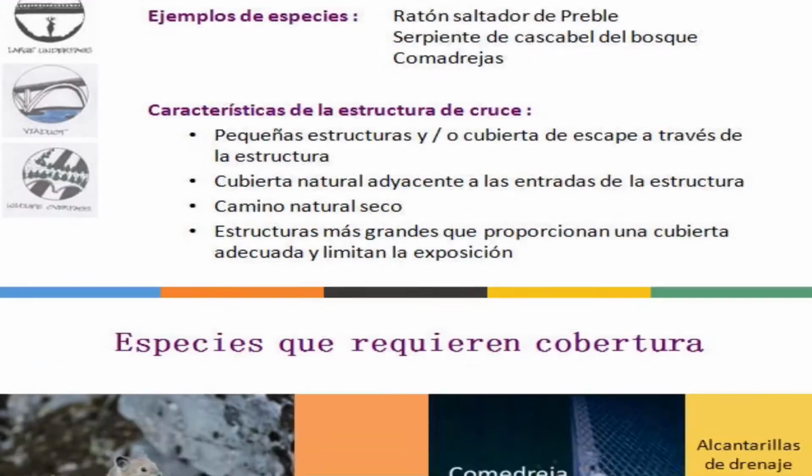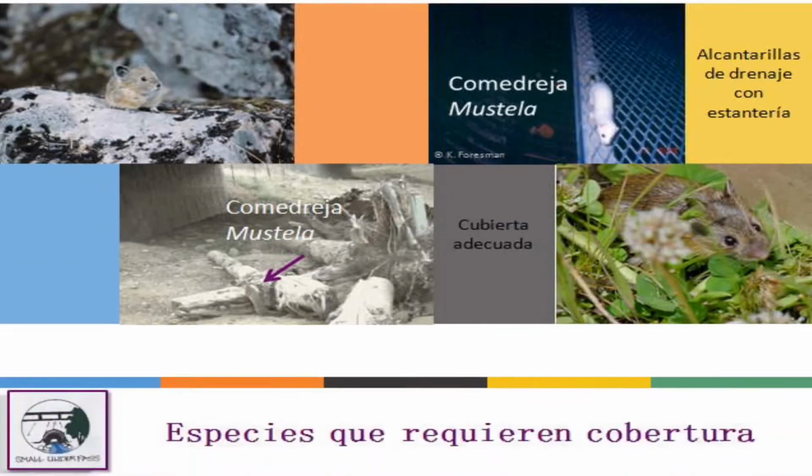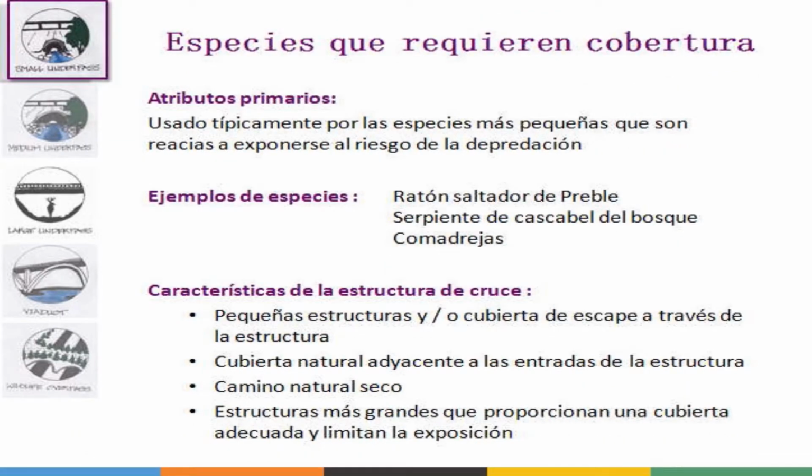Okay, so the types of species that need cover are generally smaller species, but they can accept small underpasses. That's why I want to give you a hint here.